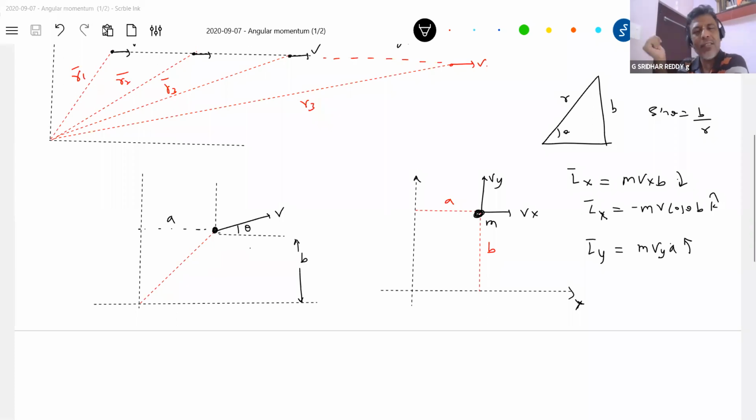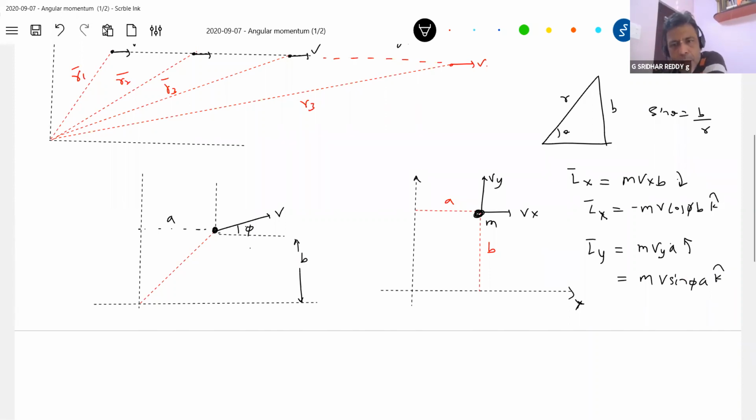So look at the sense now: plus k cap. And in fact Vy is equal to V sin theta. This theta will get confused, so I'll write phi. What is the angle between the y component of velocity and A? It is 90 degrees. So this will be A, k cap will come.